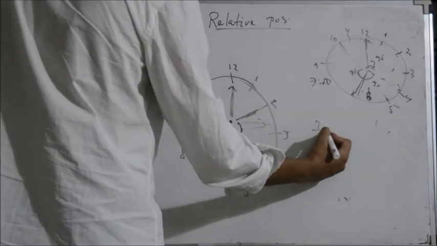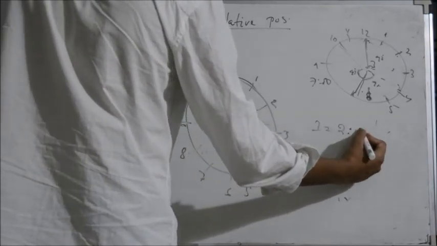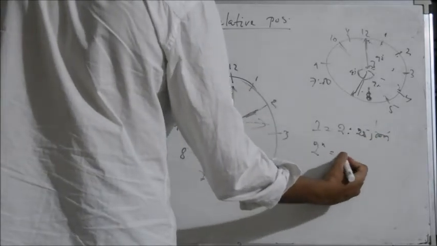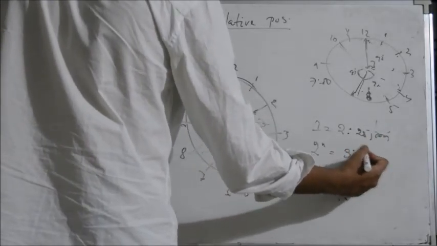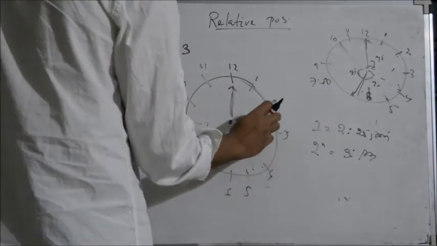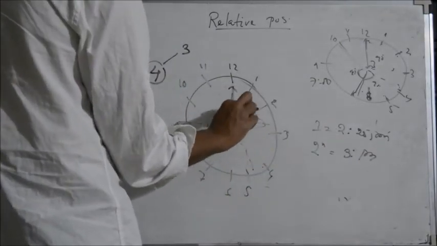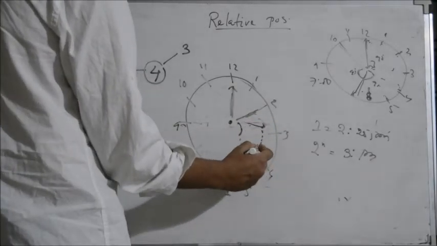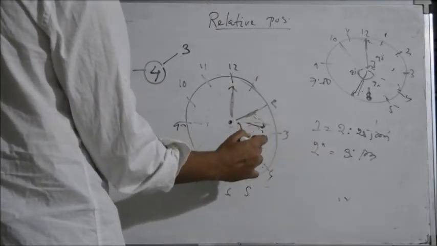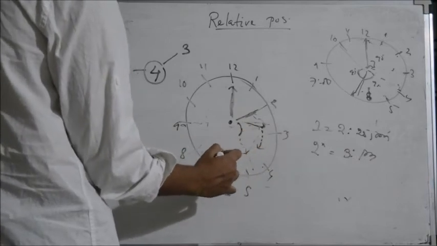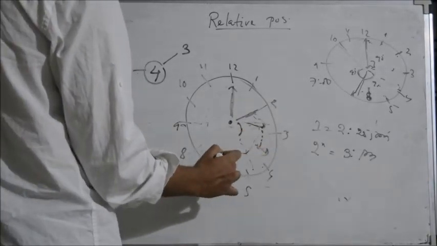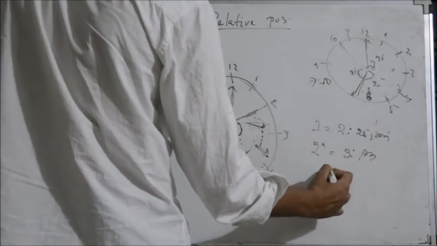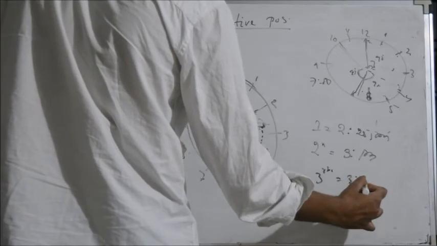First right angle at 2:25, second right angle at exactly 3 o'clock. Then the next right angle will come when the clock moves from 3 towards 4 and the minute hand moves, at around 3:35. So the third right angle will be at 3:35.